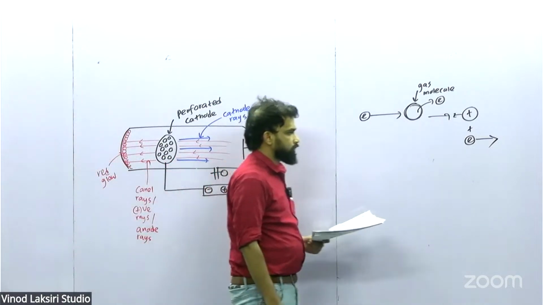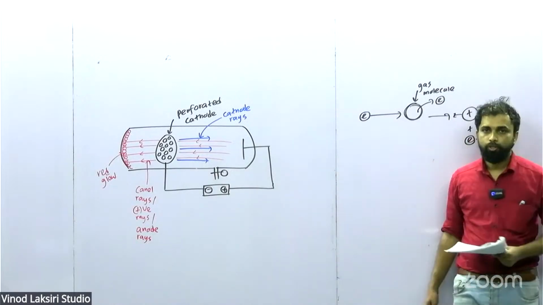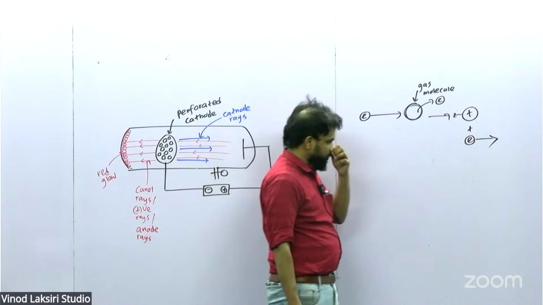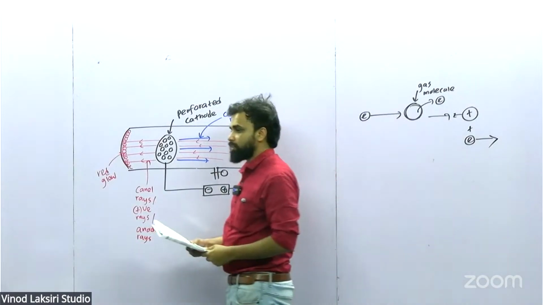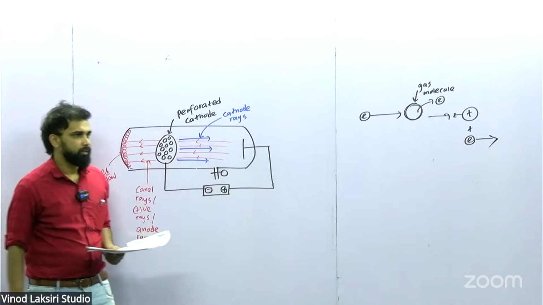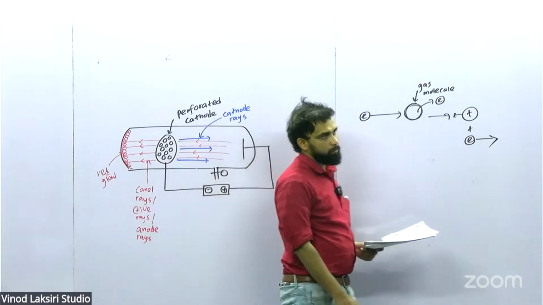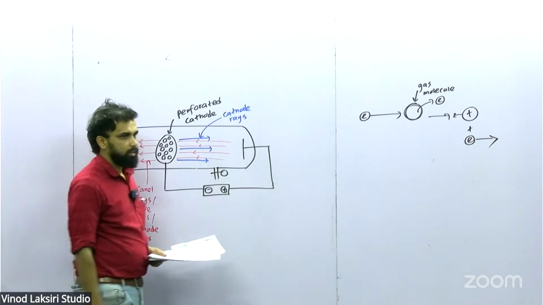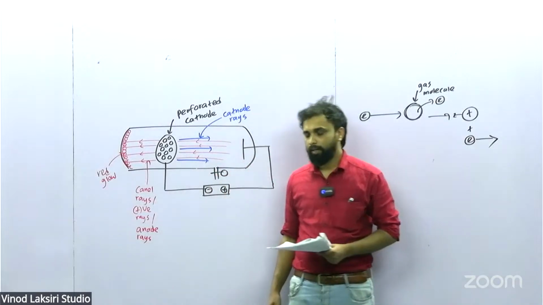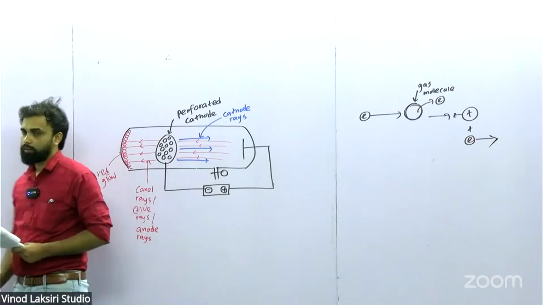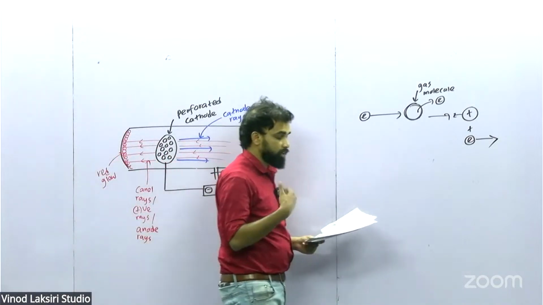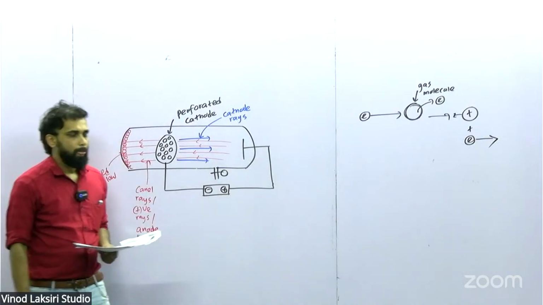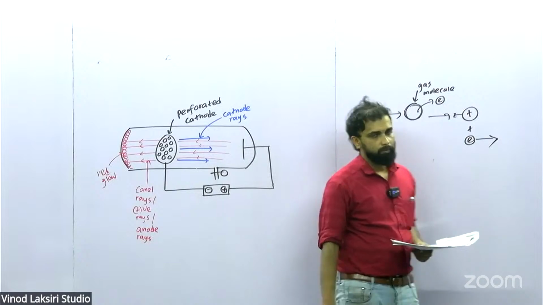These positive ions are repelled by the anode and attracted by the cathode.